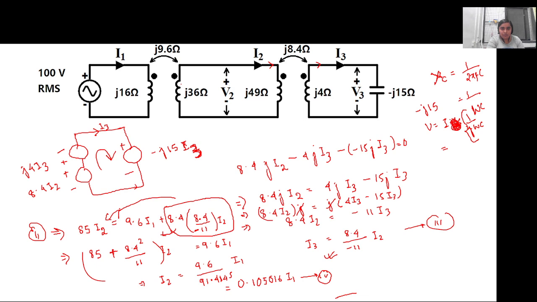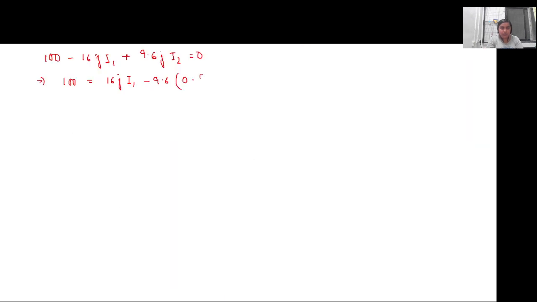I2 is 0.105016. So I1 is equal to 100 by 16 minus 9.6 into, so it is around 14.99.